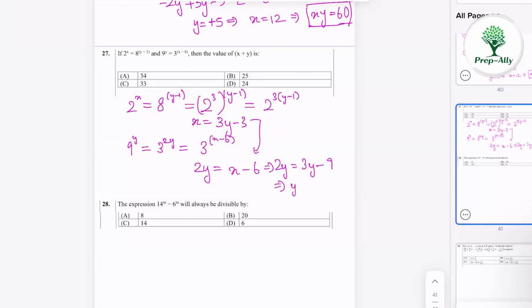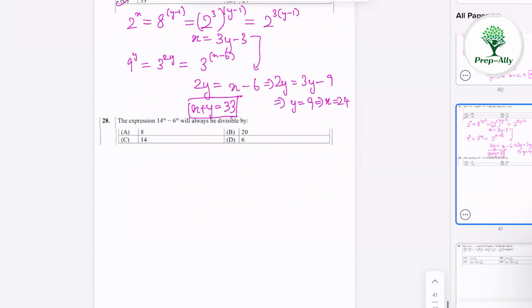So from here we have y equal to 9, right? And if we put this value of y back in any of the equations, we have x equal to 3 times 9 minus 3, which is 24. So x plus y equal to 9 plus 24, that is 33. So the answer to this question is option C, 33.